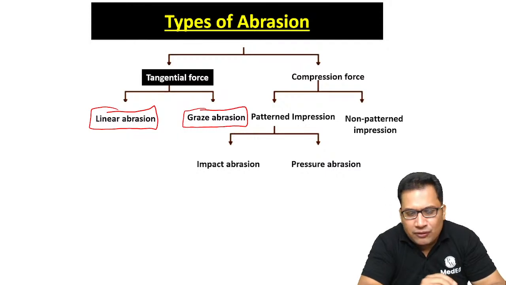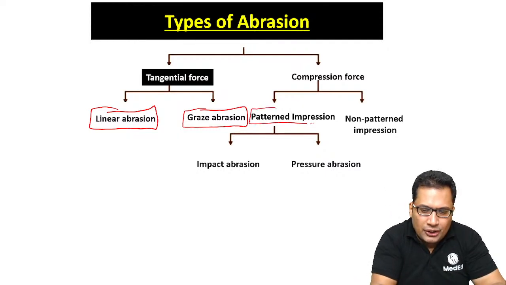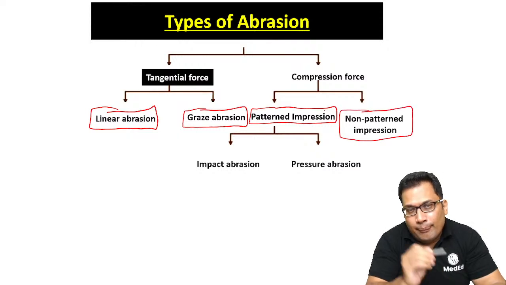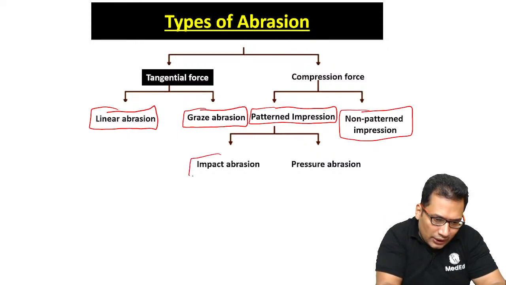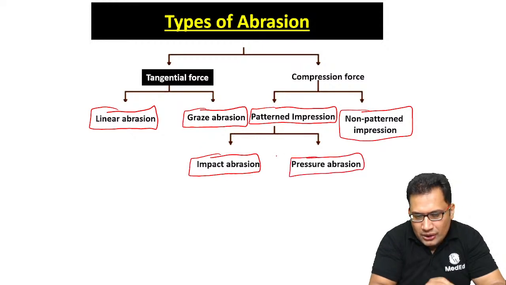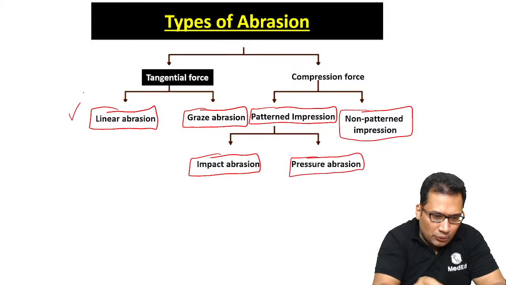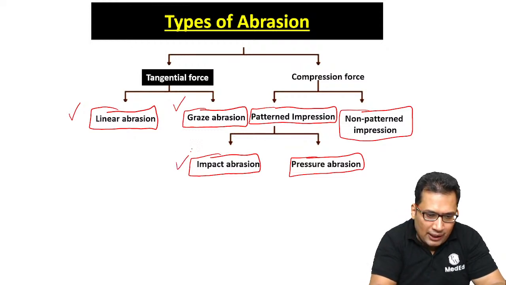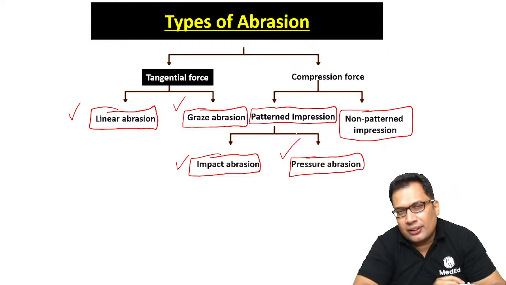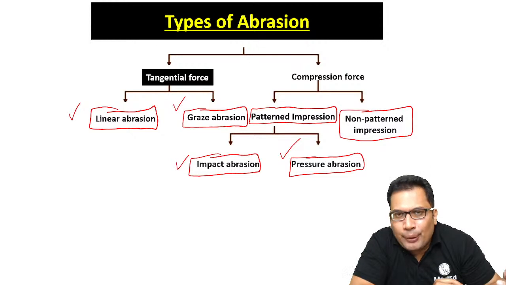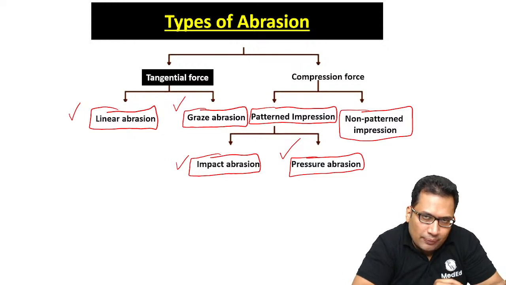When it is a compression force, horizontal or vertical, we get patterned abrasion and non-patterned abrasion. Patterned abrasion is again classified into impact abrasion and pressure abrasion. So broadly it is classified into linear abrasion, graze abrasion, impact abrasion and pressure abrasion. Impact abrasion is also known as imprint abrasion.